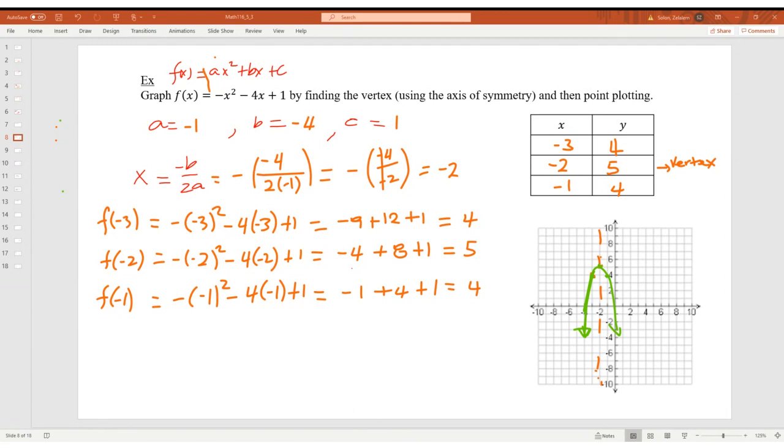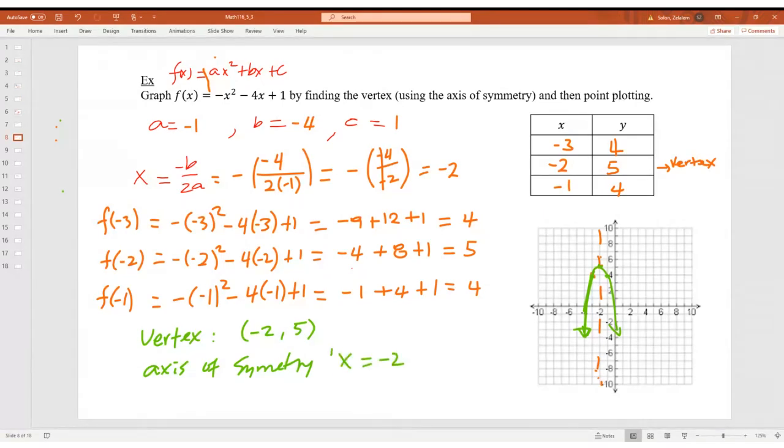So to answer these questions, if you are asked for the vertex, it is the middle line or the turning point. It is at negative 2, 5, the point of turning point. Axis of symmetry, x equals negative 2.